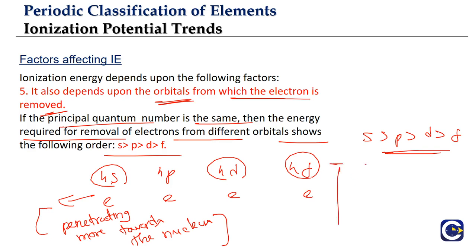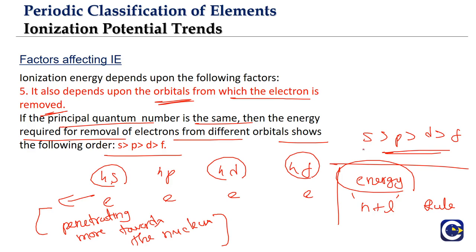Same thing, we can also explain it by using the energy. Remember, when we talk about the energy of electrons, we use the n plus l rule. If n is the same, as the l value increases, the energy also correspondingly increases. So the removal of an s electron becomes more difficult, because the s is sitting at the lowest energy compared to p, d, f.